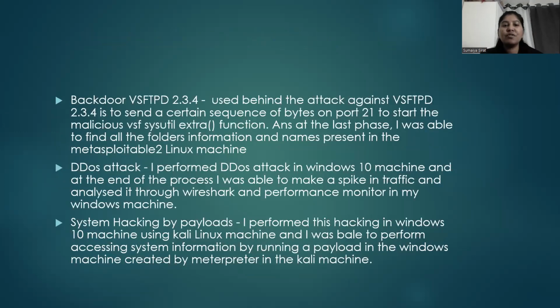Then there is the vsftpd 2.3.4 backdoor. This is a vulnerability that will give you all the shell information of your target machine. Anybody can use this backdoor vulnerability and gain access to all the target folders, directories, and everything.